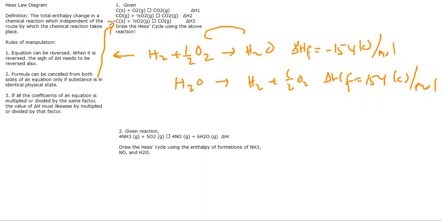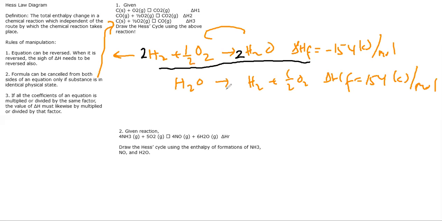same factor, the value of delta H must likewise be multiplied or divided by that factor. For example, if the formation of water is 154 kilojoules per mole, but you need 2 moles of water, then when you multiply the water by 2, you also multiply this value by 2.